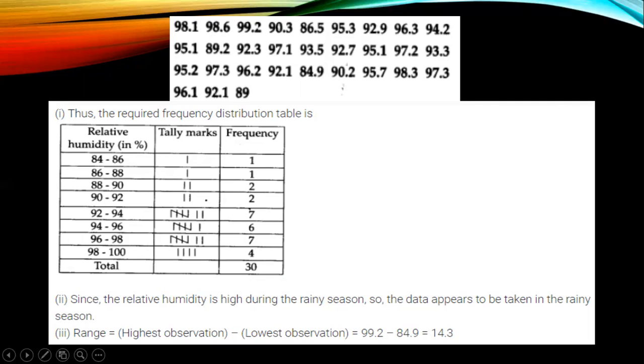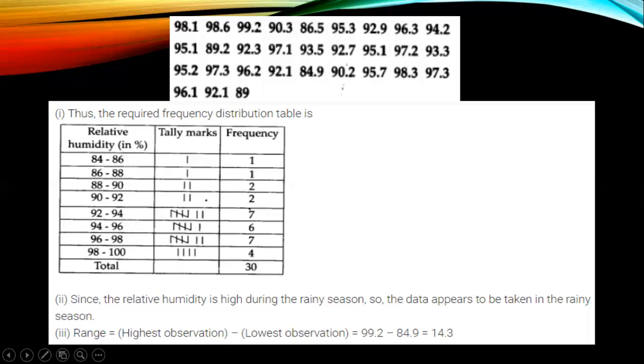The last part of this question was to find the range. Now, we have learned this in our previous class that range is actually the difference between the highest observation and the lowest observation, which we have initially found out in this case. So the highest observation from the data, if you could see, is the number 99.2 and the lowest observation is 84.9.